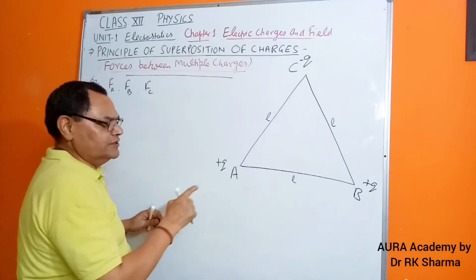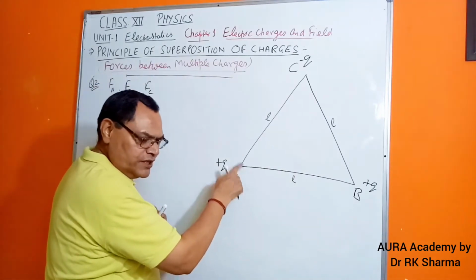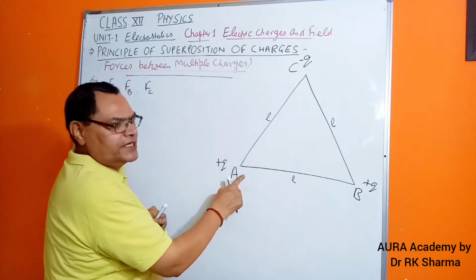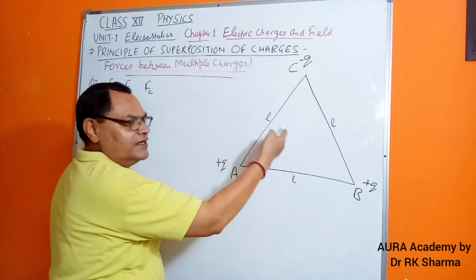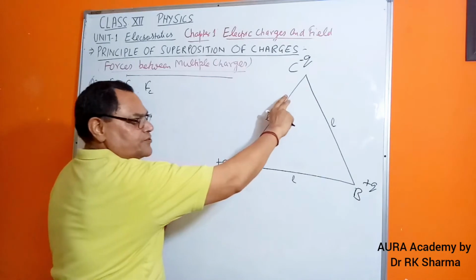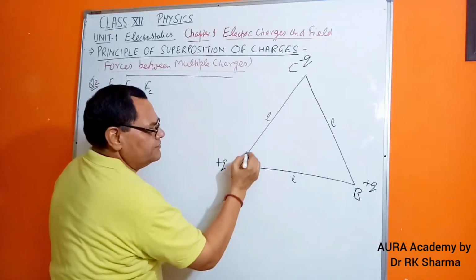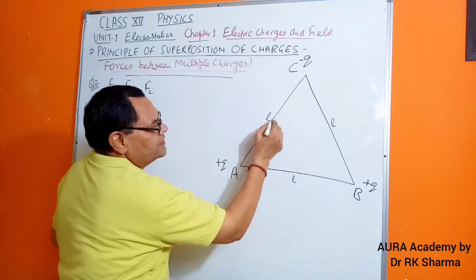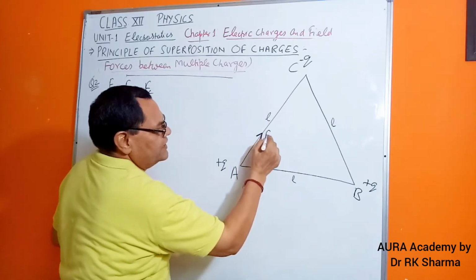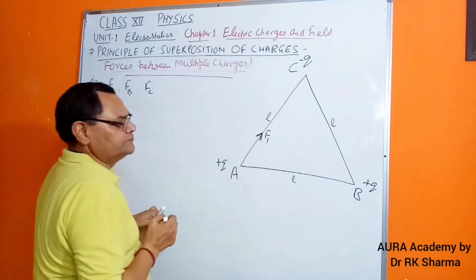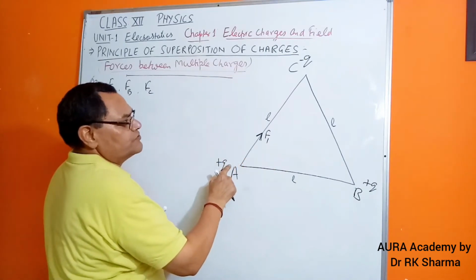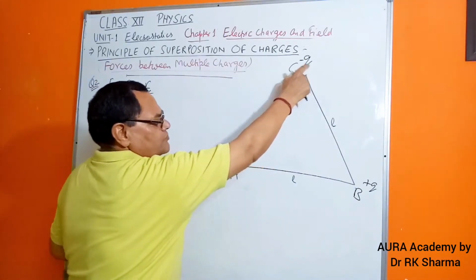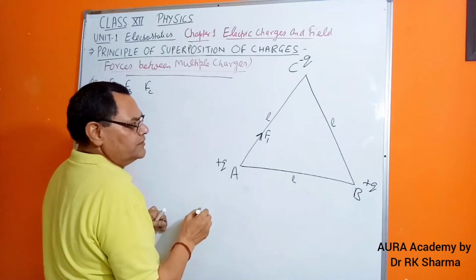Where you are finding the force, I told you the point where force is to be calculated is either repelled or attracted. Because there is a force of attraction, meaning thereby this will be attracted like this. So there will be some force, let me put it as F1. So this positive charge will be attracted by this minus q charge this way. We can find the numerical value.